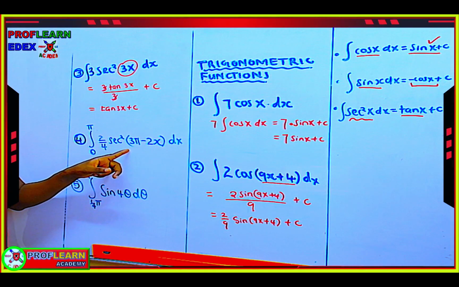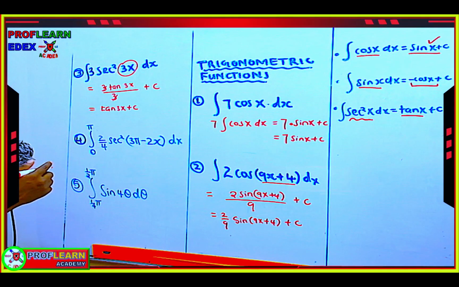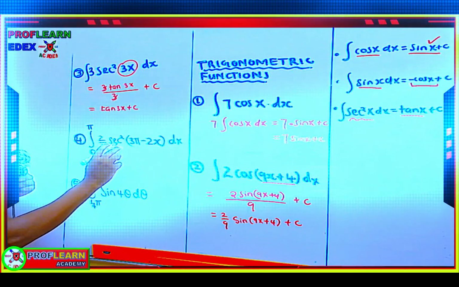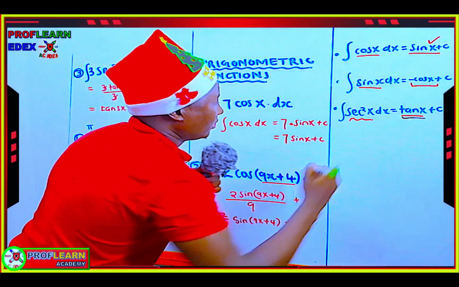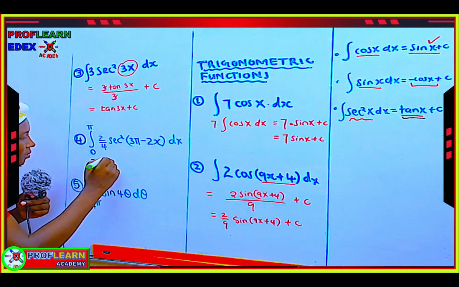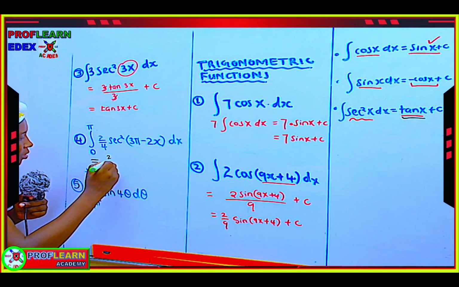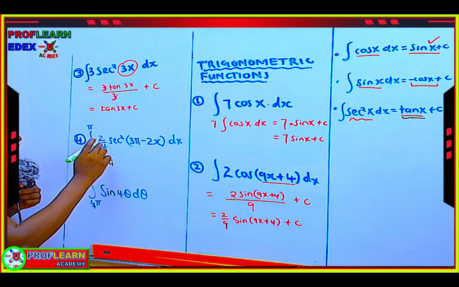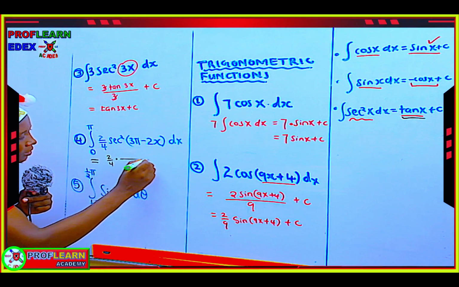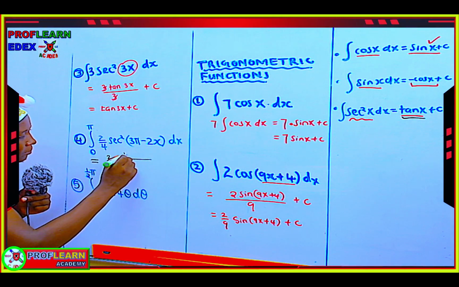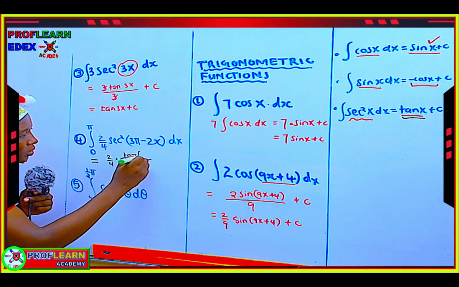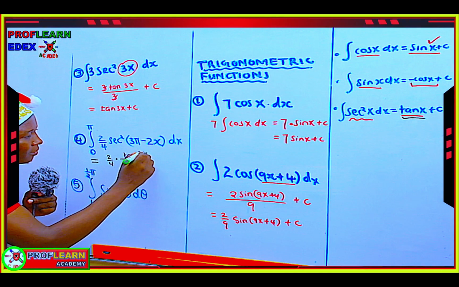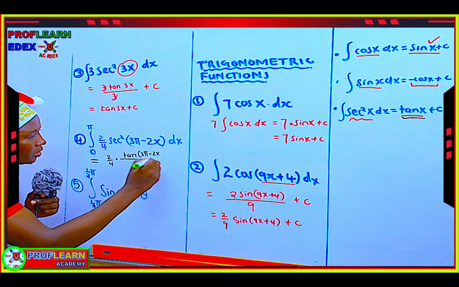Now this one also, integrating sec squared, we are going to get tan. So we can say this would be 2/4 the way it is. Sec becomes tan. We shall write everything with pi minus 2x the way it was.